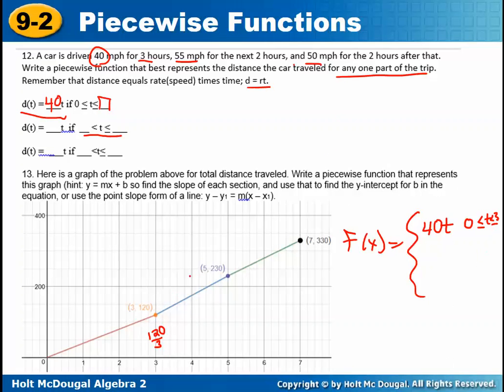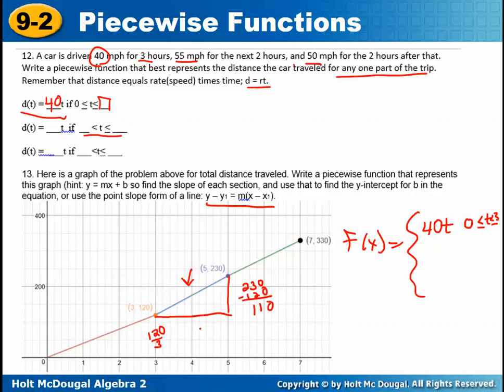And then the second part is the little bit trickier one. Now we have to figure out the equation of this line. But we have 2 points given to us that are on that line. We can just pick either one of them. And then we can use the slope-intercept form in order to find the equation. Now the slope for this one is a rise from 230 to 120. So the rise is 230 minus 120, which is 110.